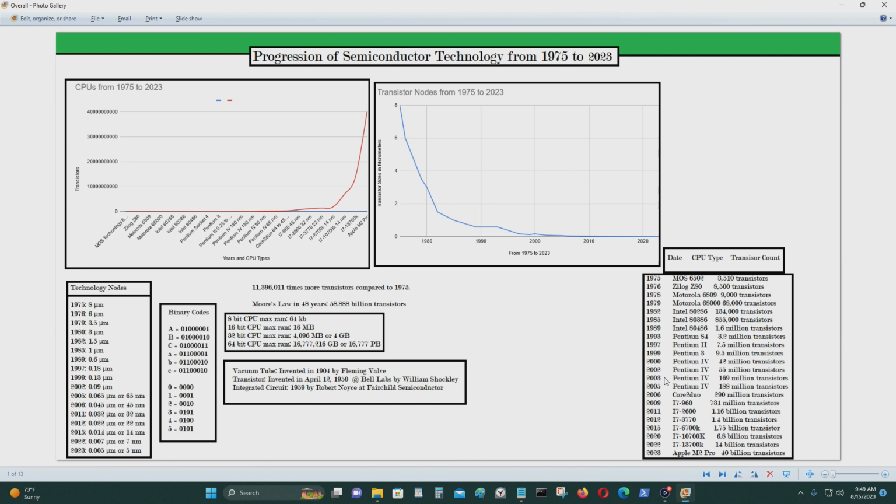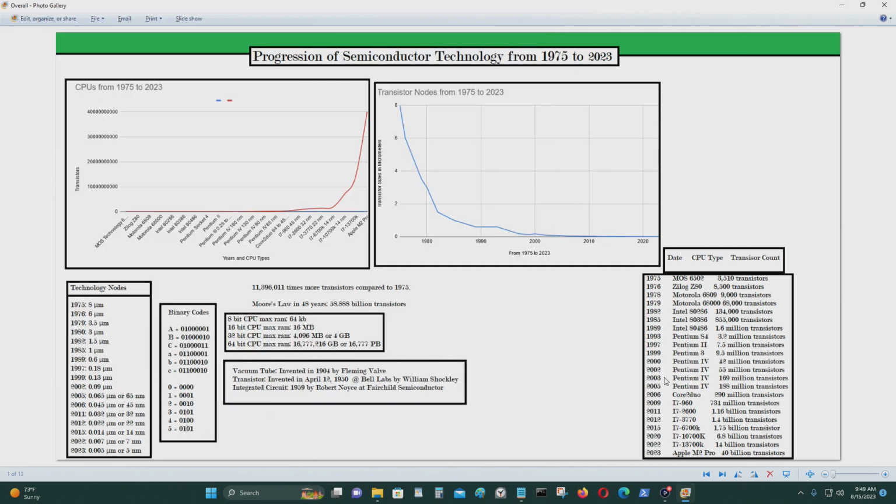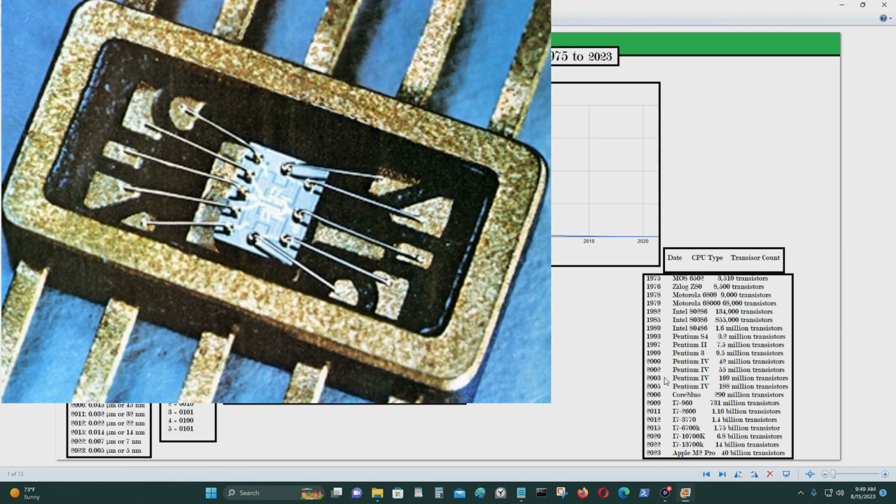But the next breakthrough that came out was something called the integrated circuit. I think this was invented by Robert Noyce at Fairchild Semiconductor. And the biggest advantage of having an integrated circuit is that you could put many transistors into a semiconductor chip.